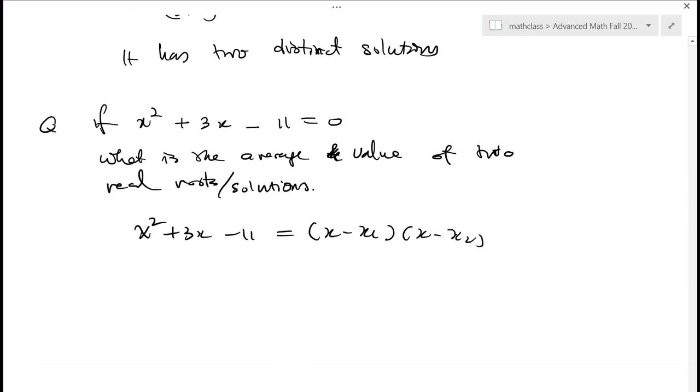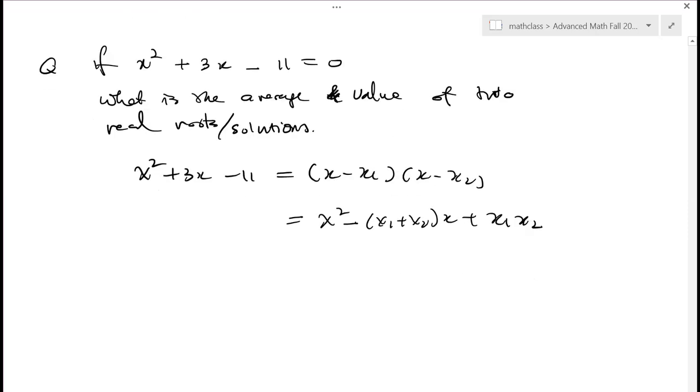Multiply this out, and so I get x squared minus (x1 plus x2)x plus x1x2. You compare both sides. So what do you get? You get x1 plus x2 should be -3, and x1 times x2 should be -11.